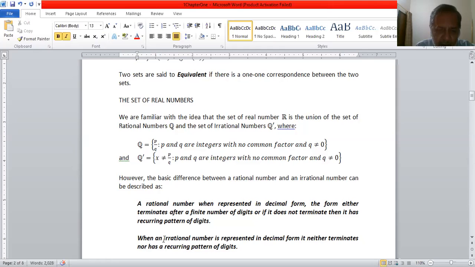Whereas if you're talking about irrational numbers, when they are represented in decimal form, they are neither terminating type, nor do they have a recurring pattern.